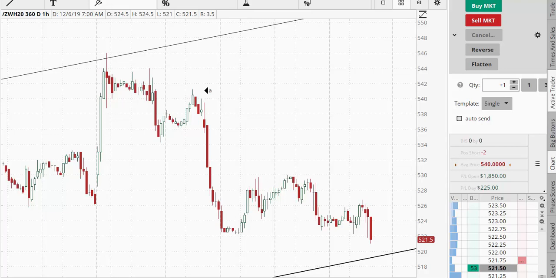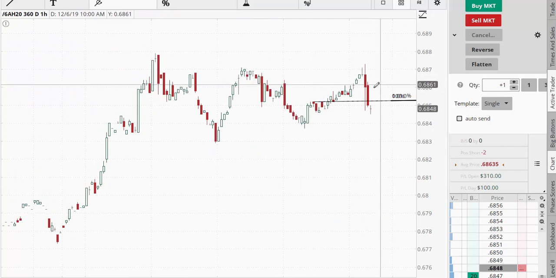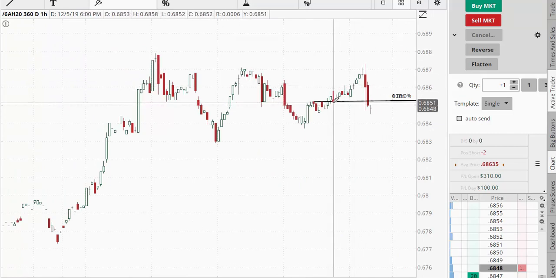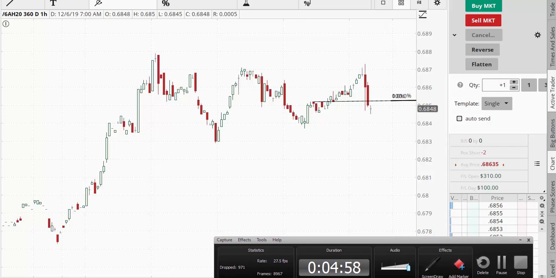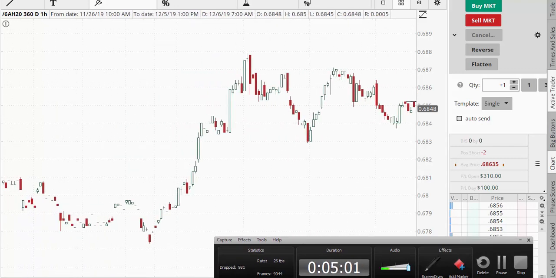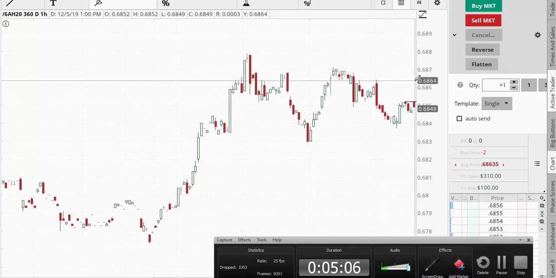Okay, so let's just go to one that I'm in right now. This morning, so last night we had this much data, and I sent out an email to the guys saying, hey, look, if price goes above here, we're in waterfall territory.